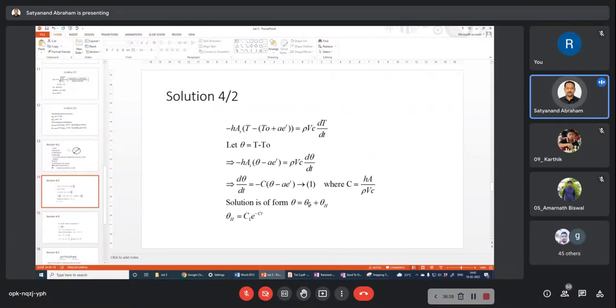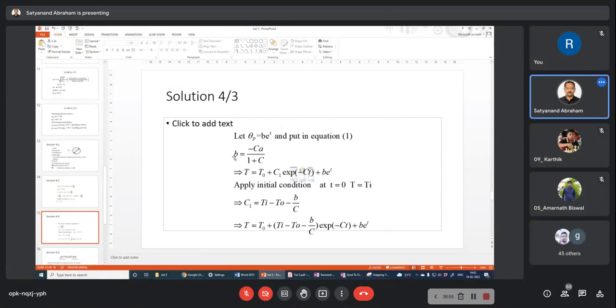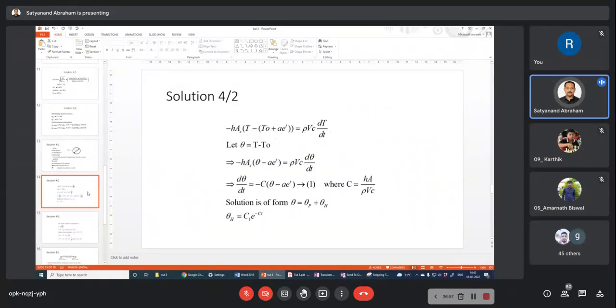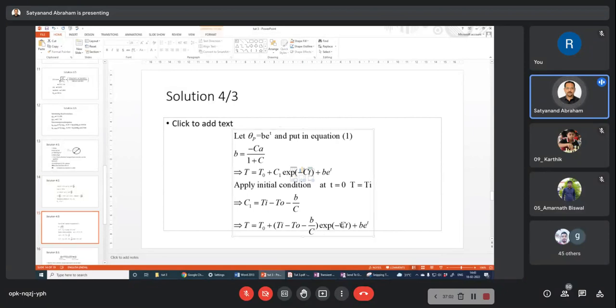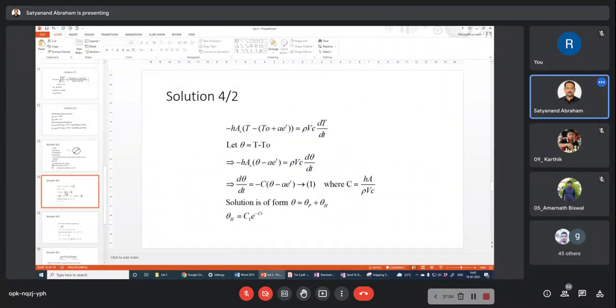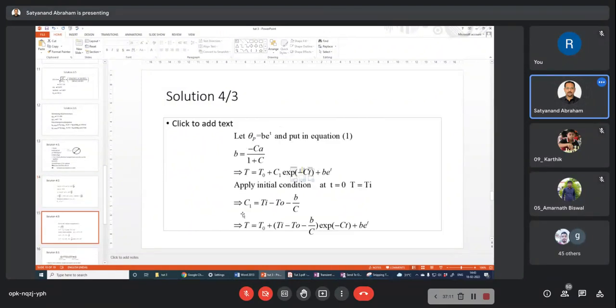They put theta p, the particular integral, into the basic equation, and from there you get b. Then by putting in the boundary conditions, you find c1, and the total solution is theta p plus theta h.